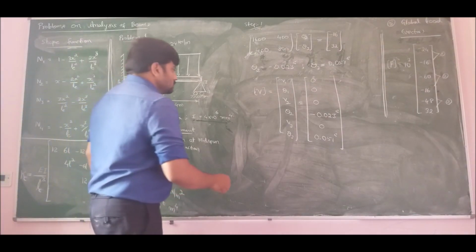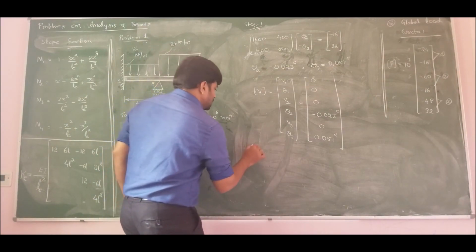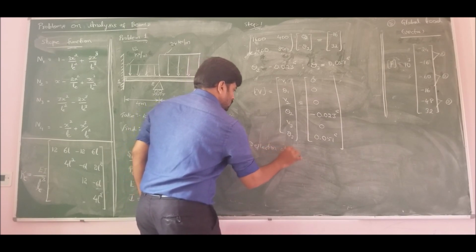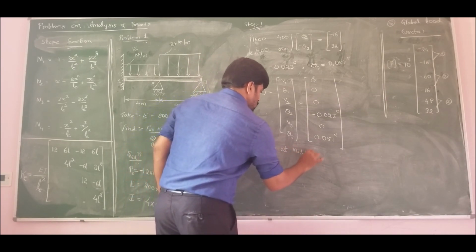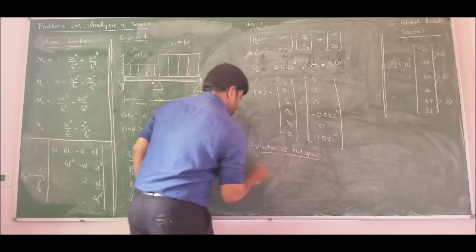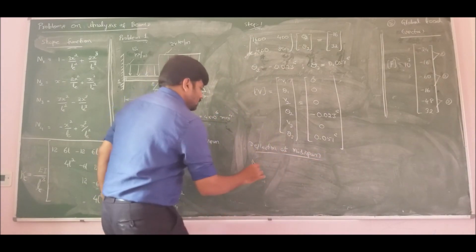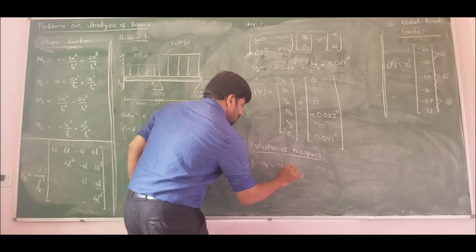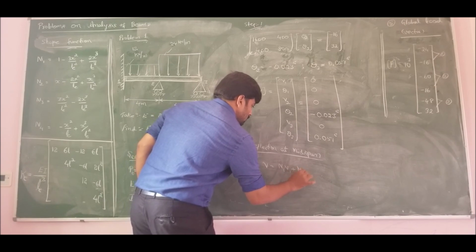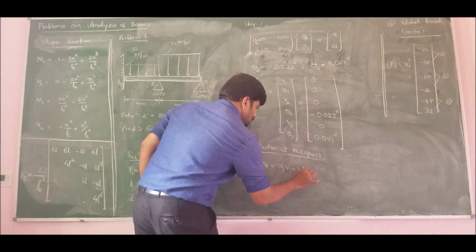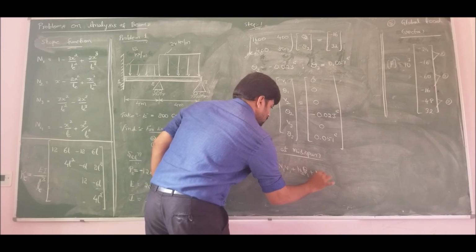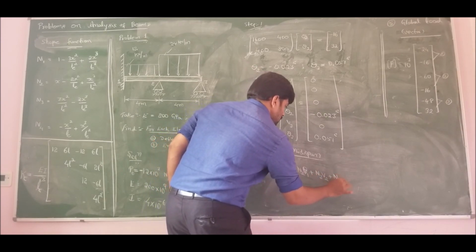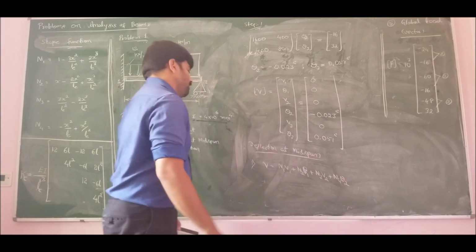So therefore, deflection at midspan for element 1, we have V is equal to N1 V1 plus N2 theta 1 plus N3 V2 plus N4 theta 2.